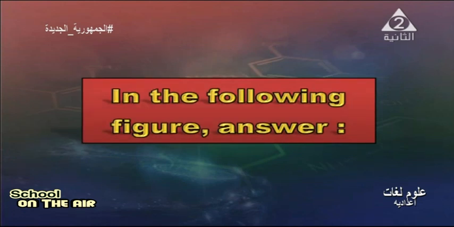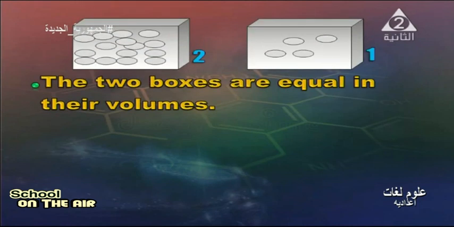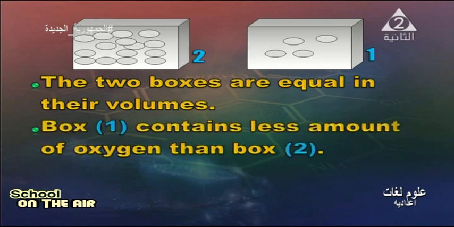Another question: in the following figure, we have two boxes equal in their volume. But we can see that box 1 contains less oxygen than box 2.